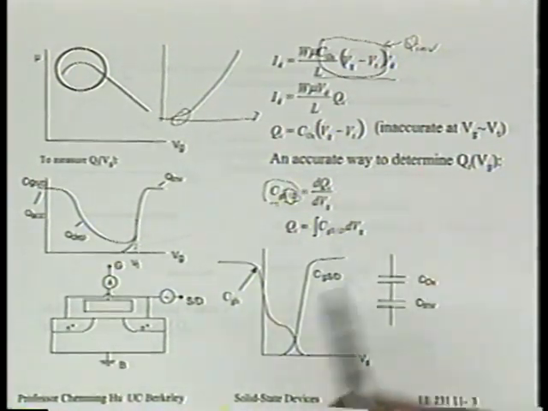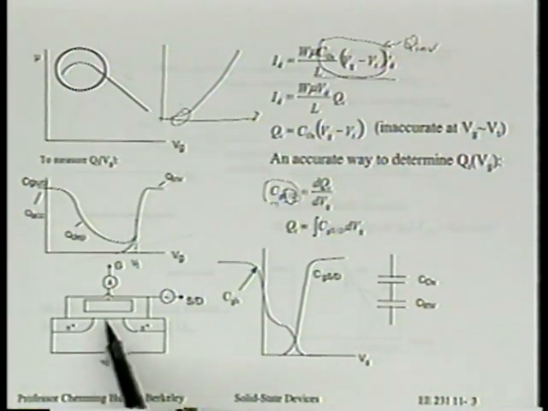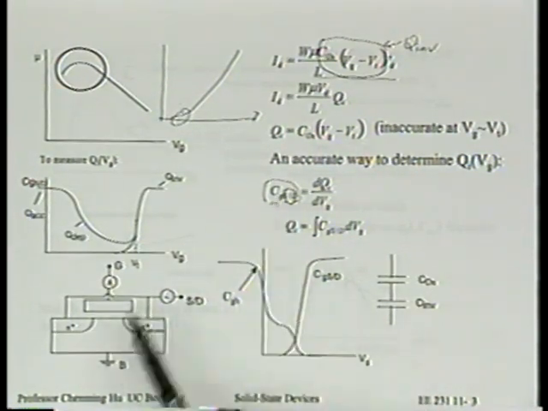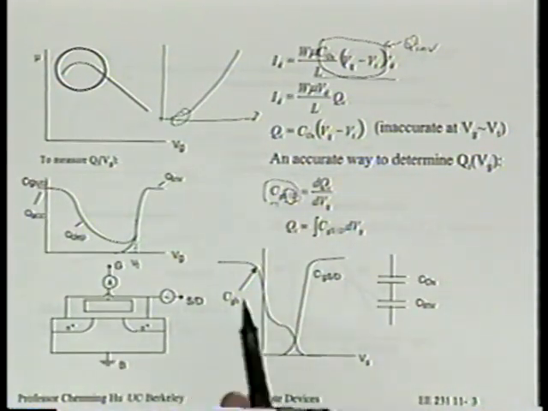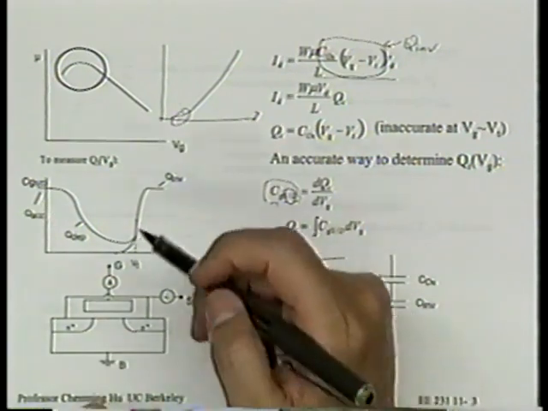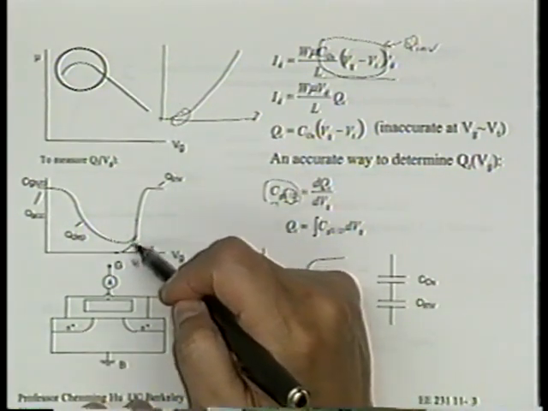In the strong inversion case, source and drain and channel are all together. So the capacitance we get is really just the gate to channel capacitance. Okay. So for example, what you will find is that this is this curve, this whole curve, this portion.